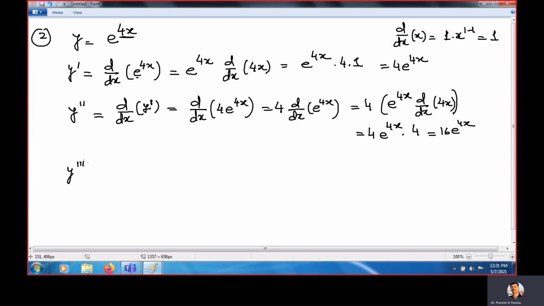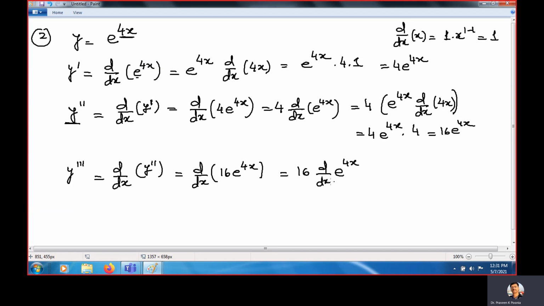If one more time we want to differentiate, it is d by dx of y double dash. Whatever you get at the second step, you need to differentiate to get the third. So d by dx of 16 e power 4x is 16 d by dx of e power 4x.